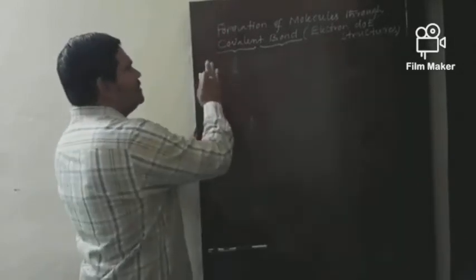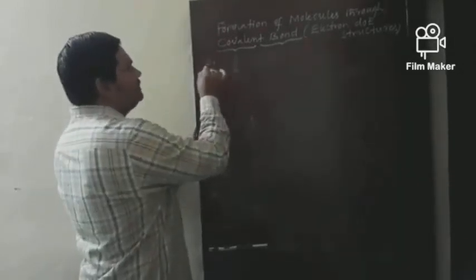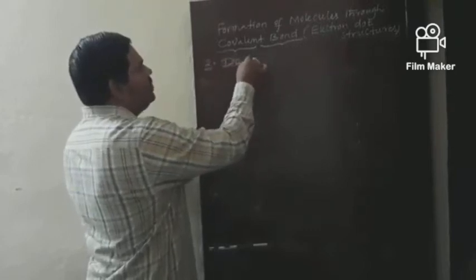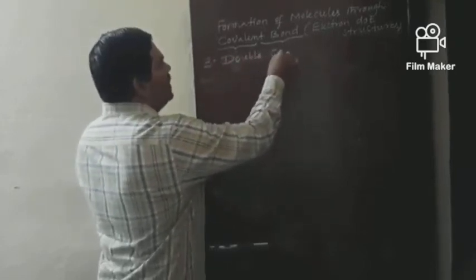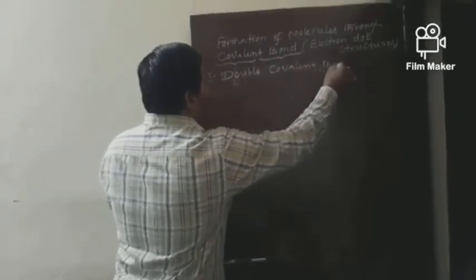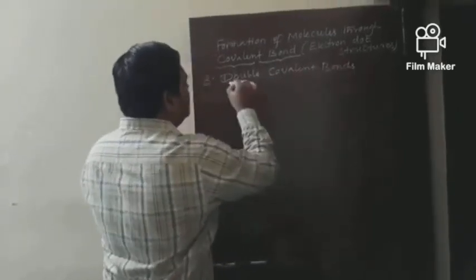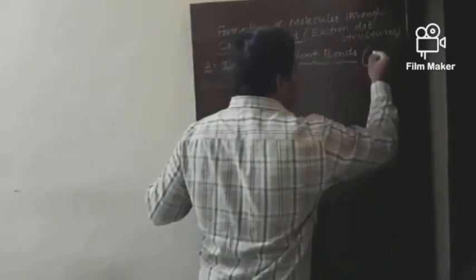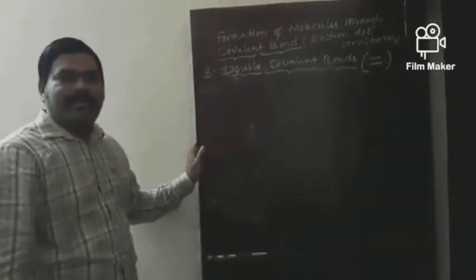This is bond number 2, a double covalent bond. The condition is that 2 pairs of electrons must be shared between the 2 bonding atoms, and it is denoted by 2 lines, a double covalent bond.